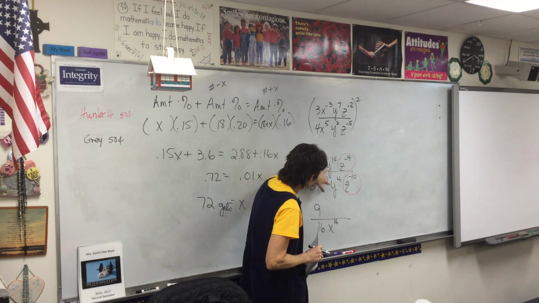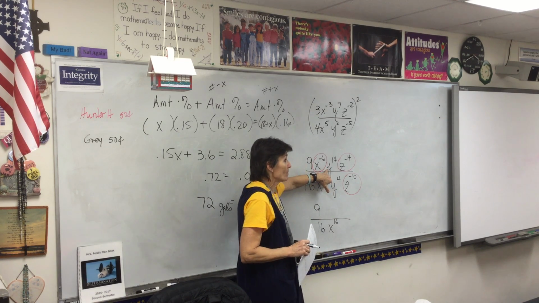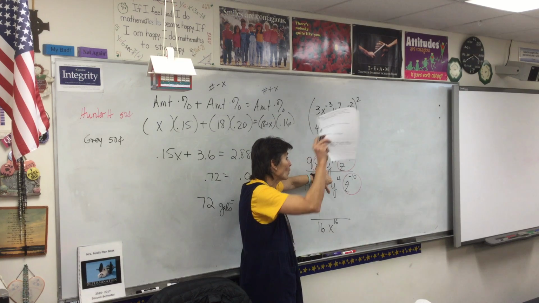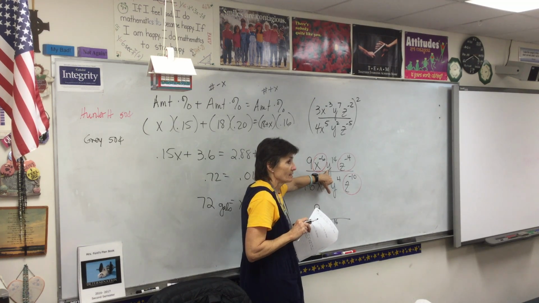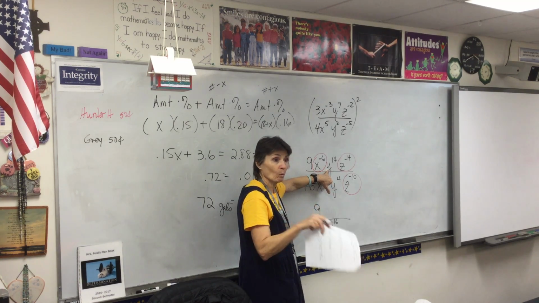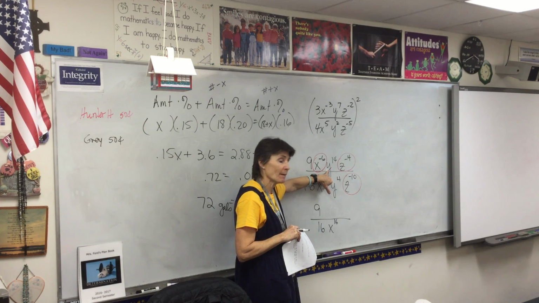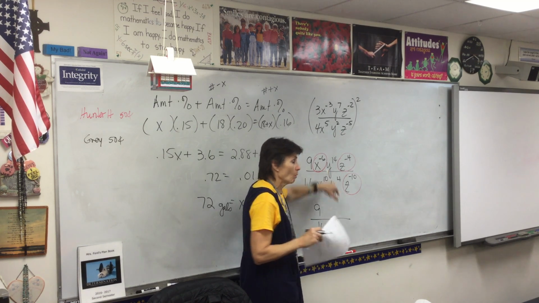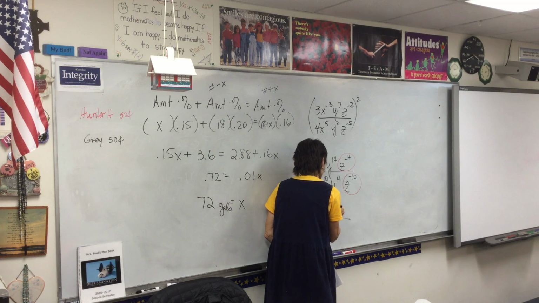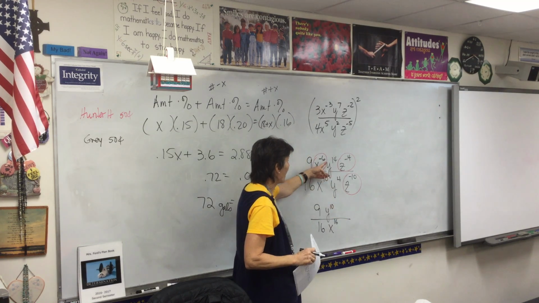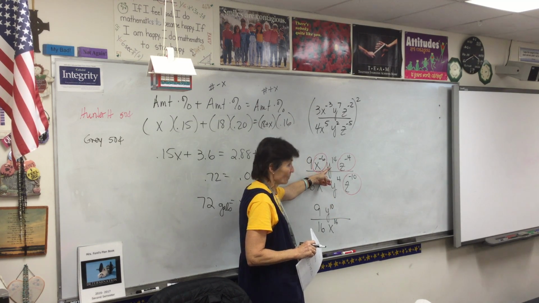Now, are these guys moving? No, they're just canceling. You have 14 y's on the top and 4 y's on the bottom. So what happens to them? Y to the 10th on the top. There's 10 more y's on the top than there are on the bottom.